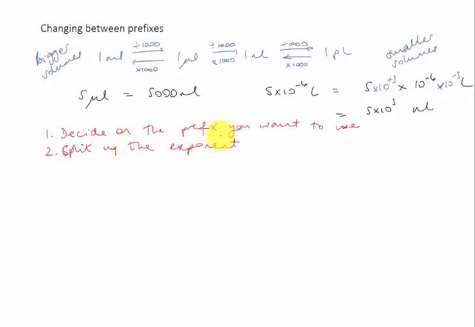So factorize the exponent to give that. I'll show you what I mean in a minute. And then you can alter your coefficient accordingly. So this is kind of the splitting stage, and this is the coefficient altering stage. So let me just show you an example and you'll see what I mean.